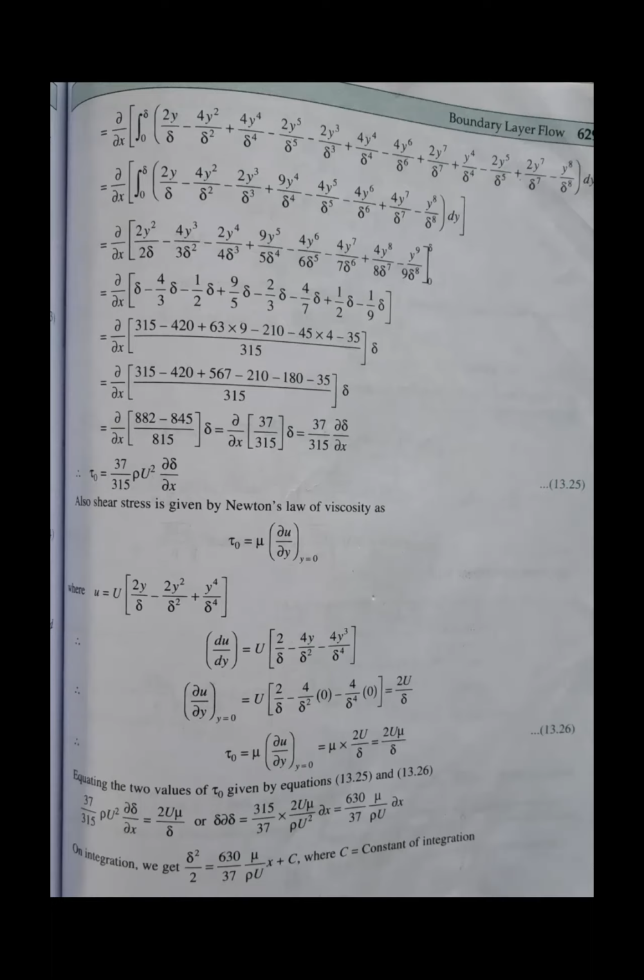So with that 315, you can get each and every term in the numerator: 315 minus 420 plus 567 minus 210 minus 180 minus 35.